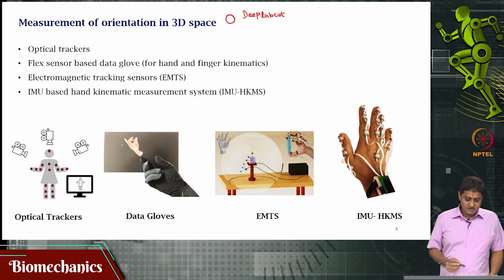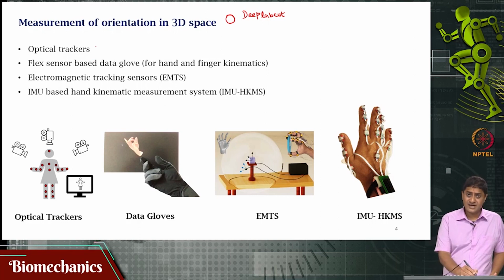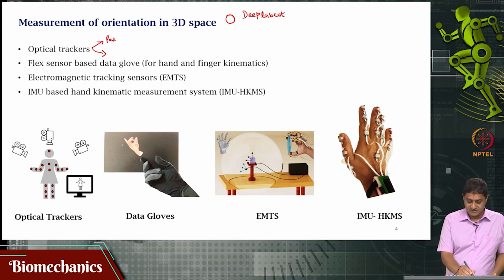So, optical trackers, these are systems that use cameras to track posture of specific body parts or rigid bodies. These come in two flavors, either passive marker system or the regular camera based measurement system or active marker system.